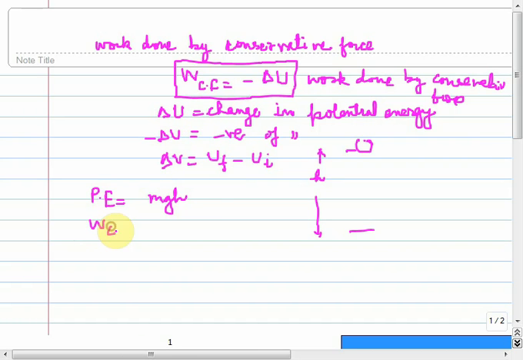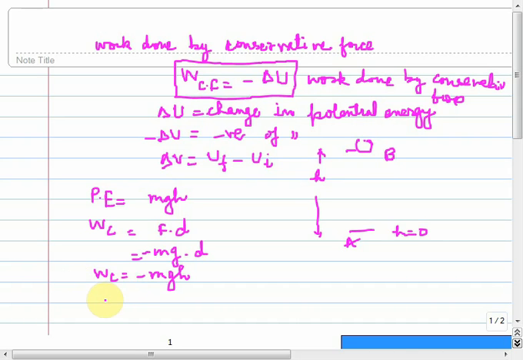What is the work done in bringing the ball from height h equal to 0 to height h? Work done is equal to force into displacement. Here the force is mg acting in the downward direction and displacement is in the upward direction, so there will be a minus sign. So work done is equal to minus mgh in bringing the ball from A to B.